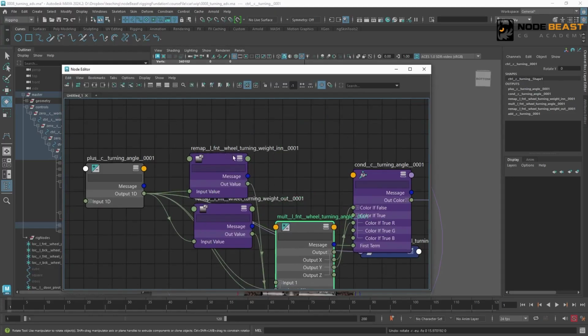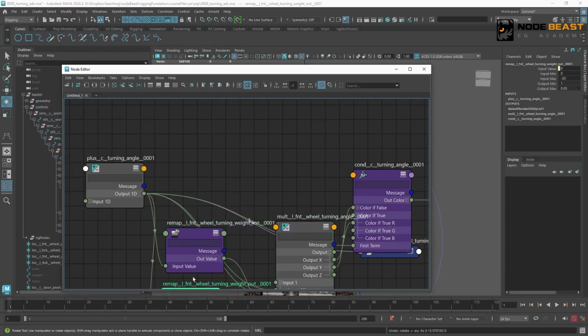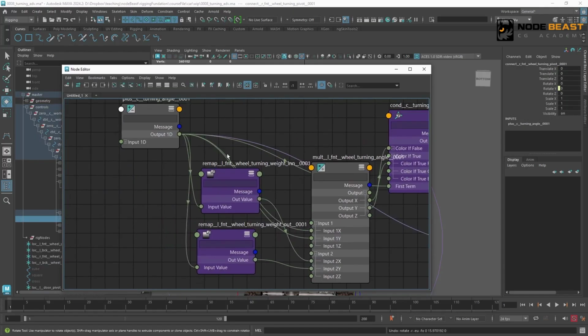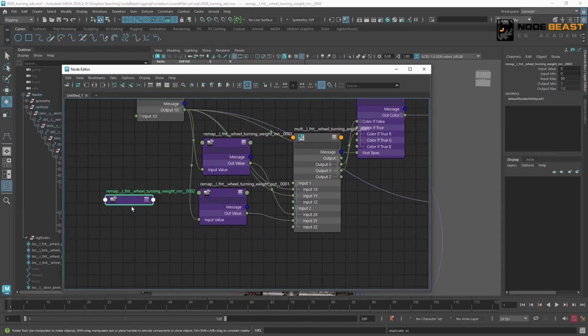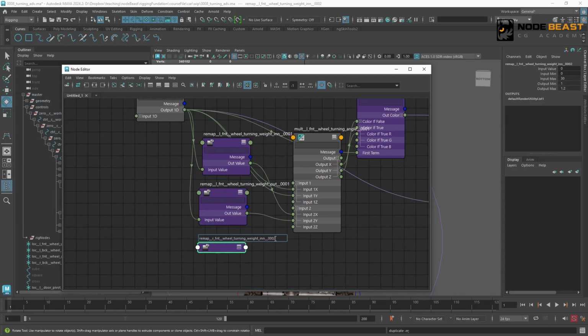Let's apply the same effect to the right side. Let's duplicate 1. The values for the right side need to change, because it's the rotation effect for the other side. So the limit should be negative 30, and the outer side for the right wheel. The limit here becomes positive 30.